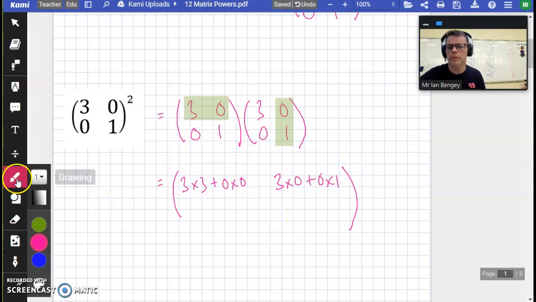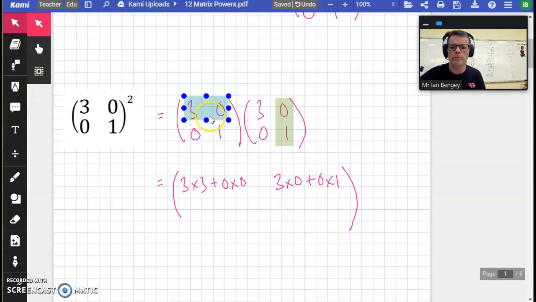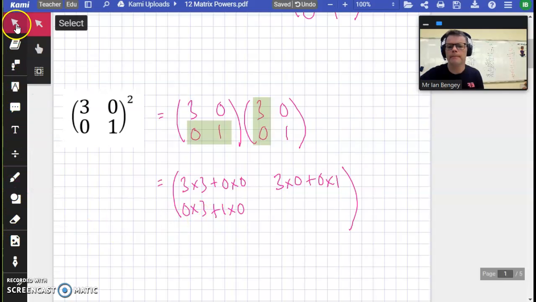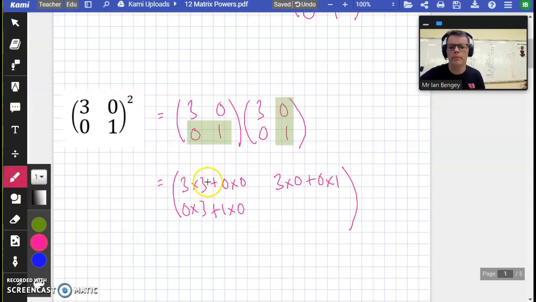And then bottom left position would be this row times this column. So 0 times 3 plus 1 times 0. And finally, we'd have bottom row times the column on the right. 0 times 0 plus 1 times 1.